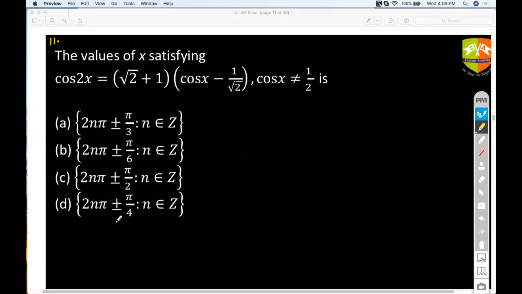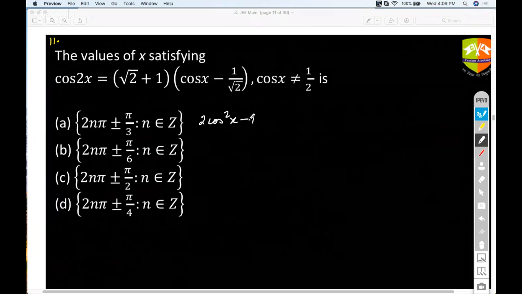Again, the best way would be to just put these values pi by 3, pi by 6, pi by 2, pi by 4, etc. and see which of them satisfies. However, if I have to do this in a rigorous way, I would first try to convert cos of 2x as 2 cos square x minus 1. And let me bring these terms to the left hand side.